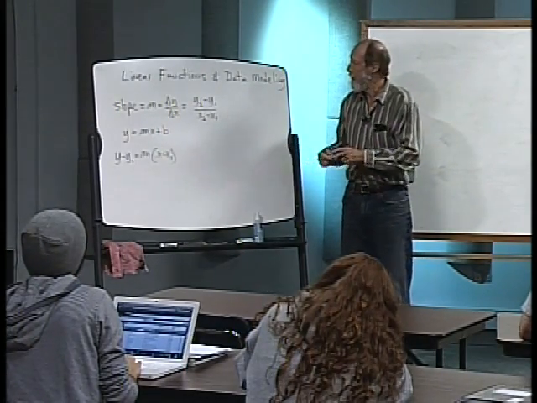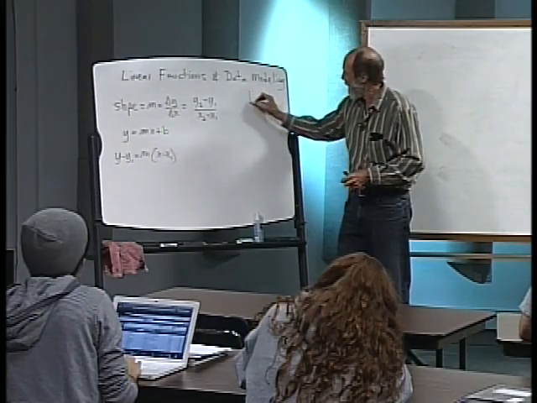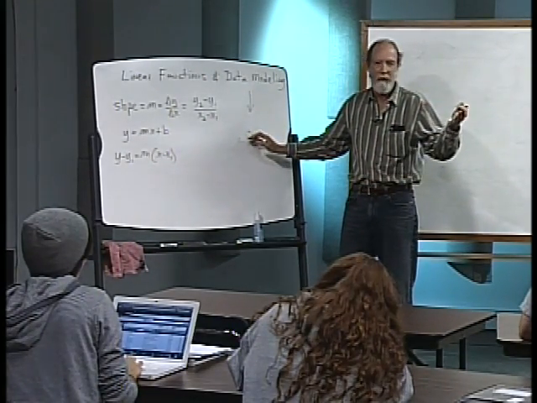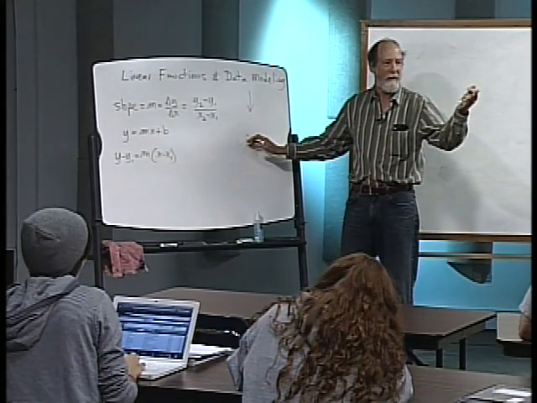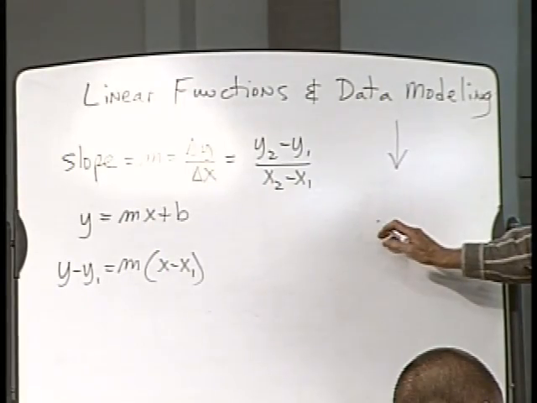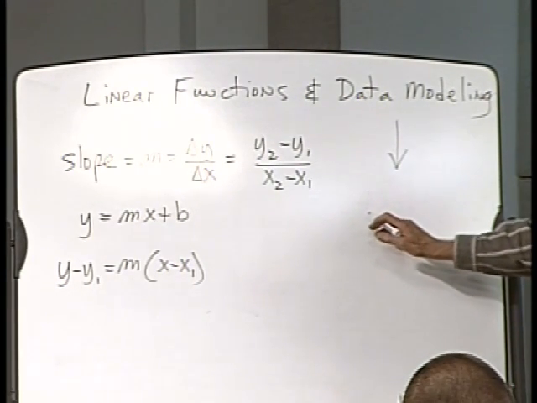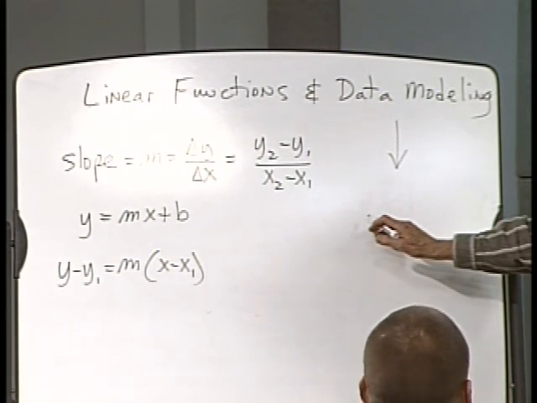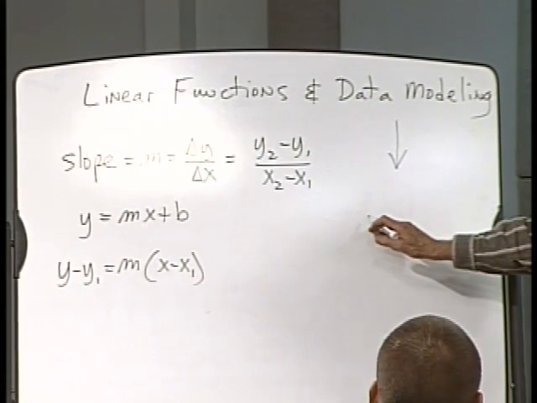For the data modeling, we're going to learn how to use our technology. You can do this by hand too, except by using the calculator, you're going to find it much more efficient to use the data saving capabilities of the calculator, and then be able to generate something called a scatter diagram.